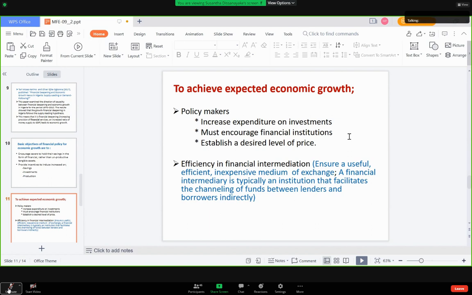If our local financial institutions are stable and strong, then the government can issue securities, get money and run the economy smoothly. For that reason, financial institutions need to be encouraged and safeguarded, and some regulations introduced to protect customers as well as to safeguard financial institutions.